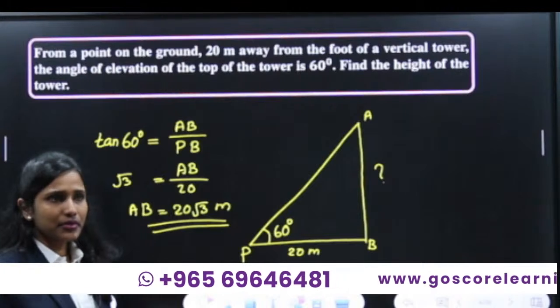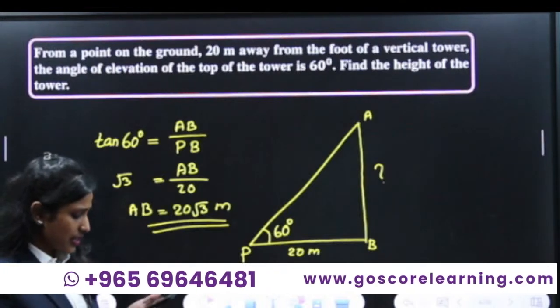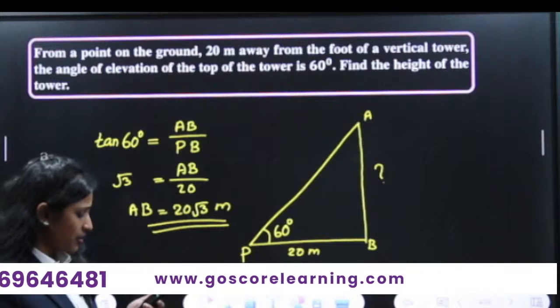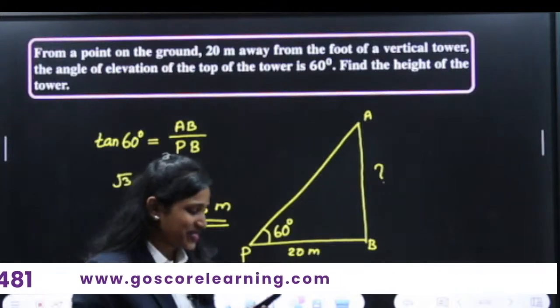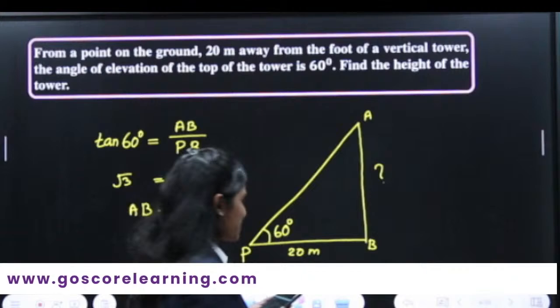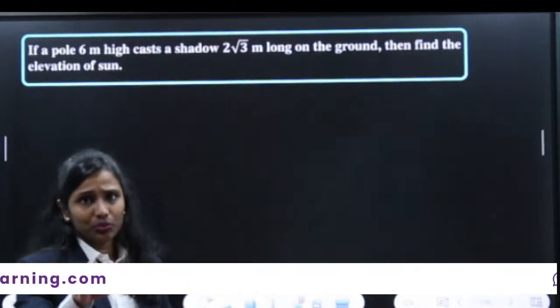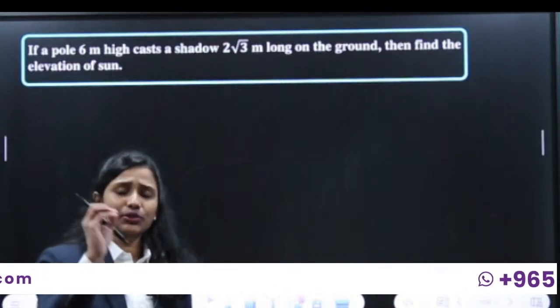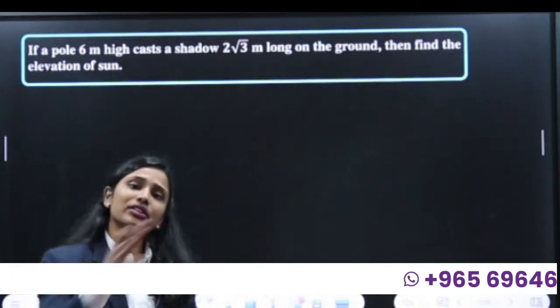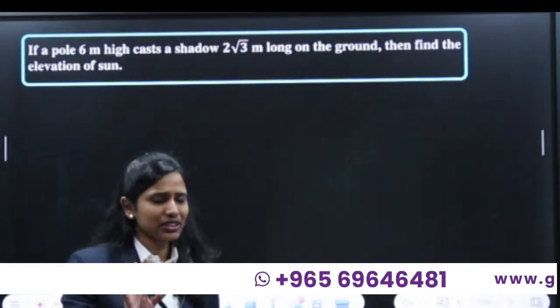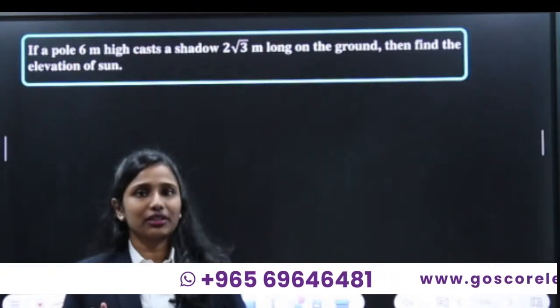Is it easy now? Yeah. Okay, Shahid. Okay, fine. Now, the next question you have to do with me. I will always ask for the figure. I will give the question and I will wait for 30 seconds, and you have to draw the figure.